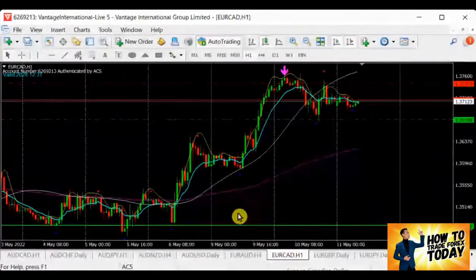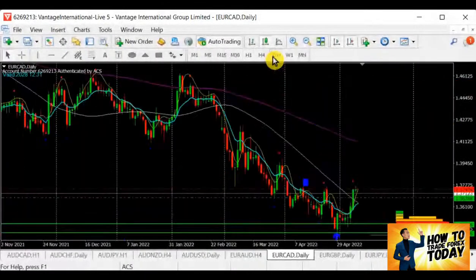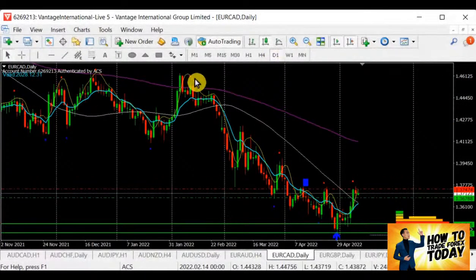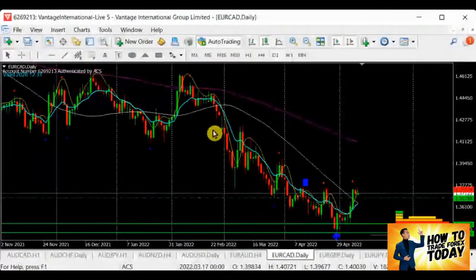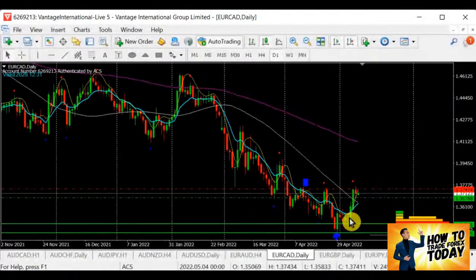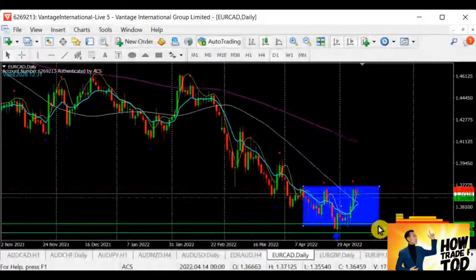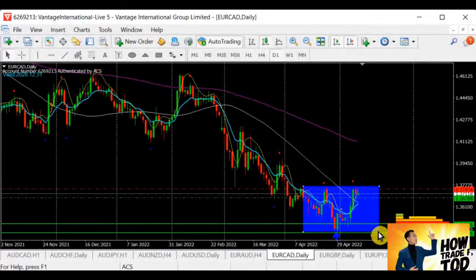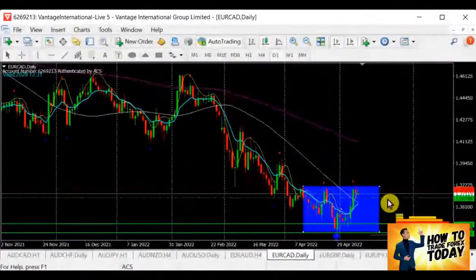All right, so how about EURCAD over here? It's very clear that we are still in the bear, but today into the bull zone. We are still in the transition from bear to bull, so the transition is a lot of turbulence once again. This area, if I draw it out, is the transition area.